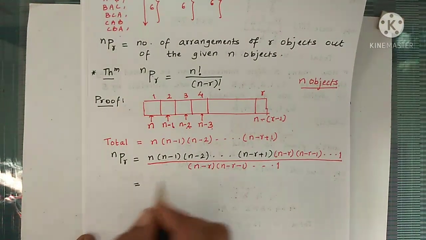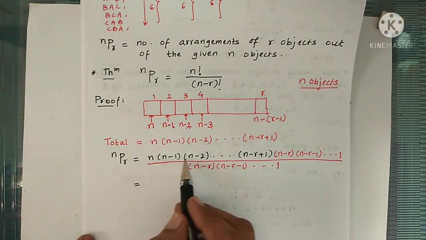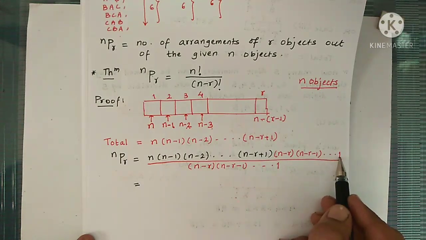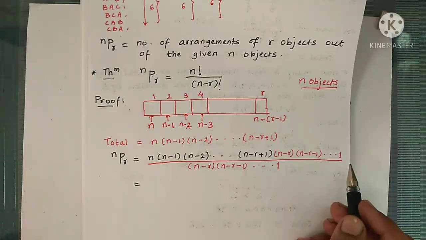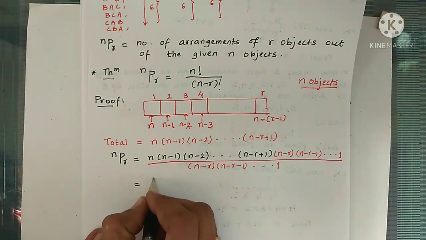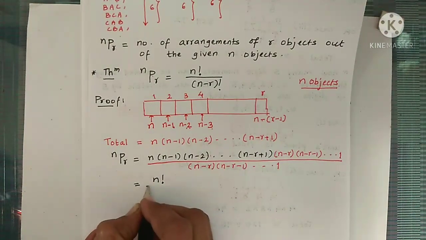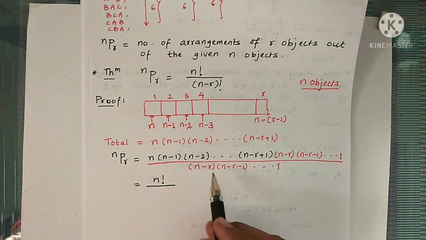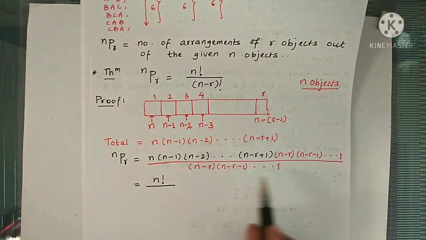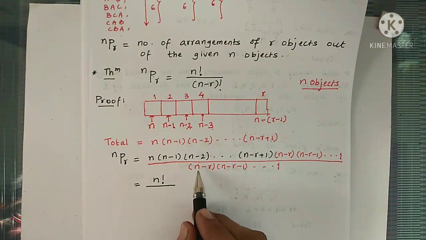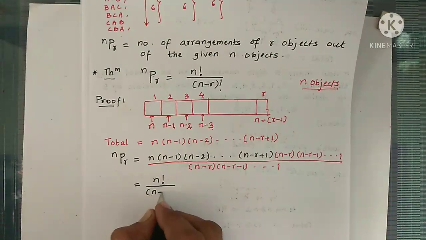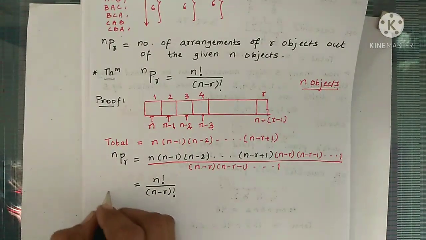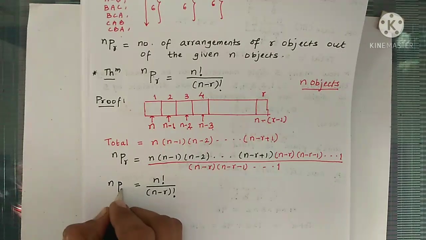See now, the numerator is n and in the continuation we are getting 1. So starting with n, subtracting 1 every time up to 1, it is n factorial. For the denominator, we are starting with n minus r, then subtracting 1 again and again up to 1. So as it has started with n minus r, it is nothing but n minus r factorial. So that's how we get the formula for nPr.